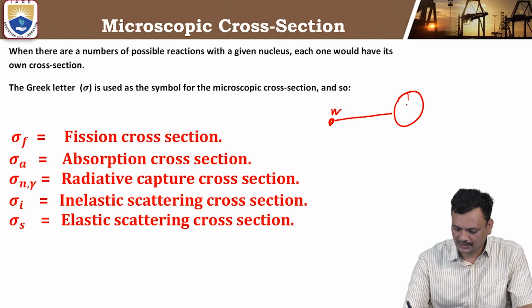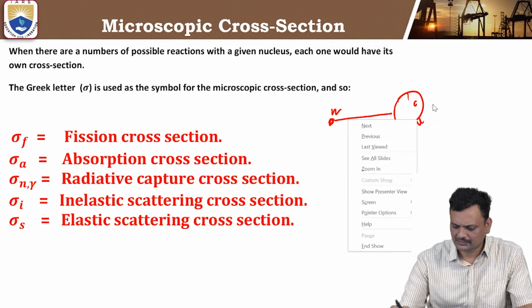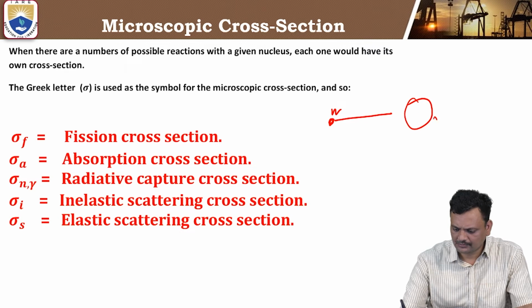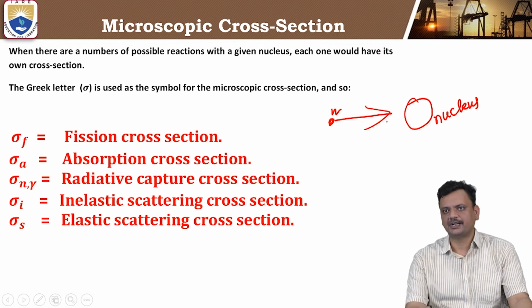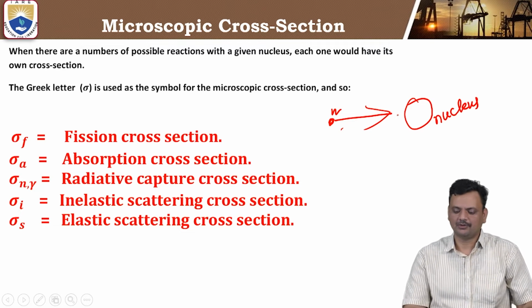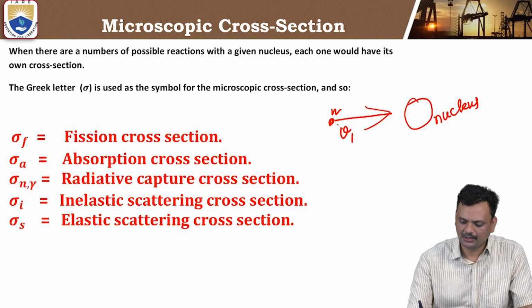This is your considered nucleus. Okay. So this is your incident neutron which is approaching towards the nucleus with velocity v1.